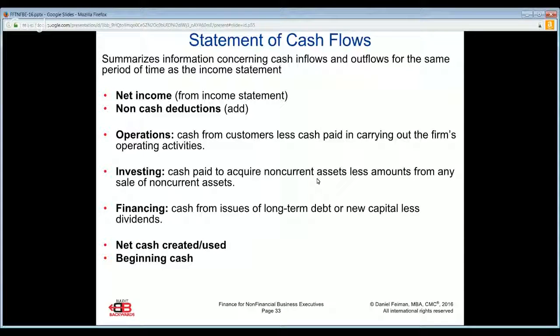We'll compare that and add it to the beginning cash from the last balance sheet to give us the ending cash, which links to the following balance sheet. So here's an example where we started with the net income from the income statement to begin this cash flow statement. As we end the cash flow statement, you can see how it is linked to the previous balance sheet and the next balance sheet.